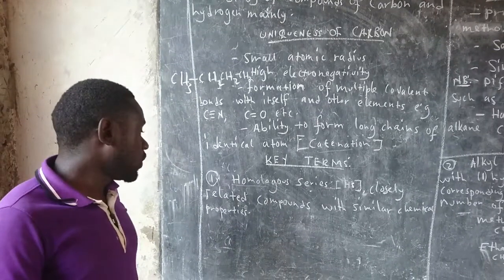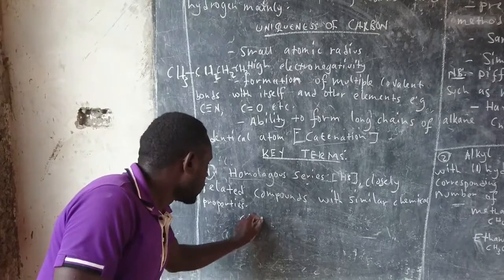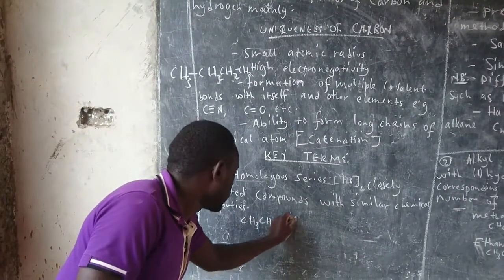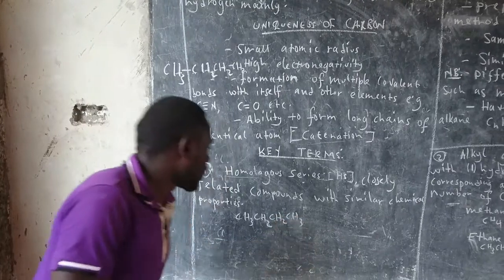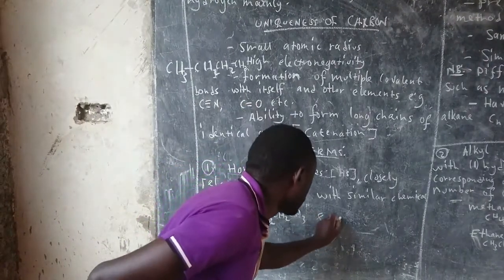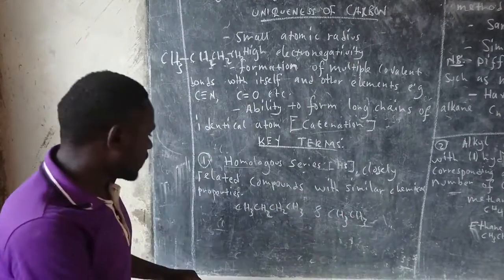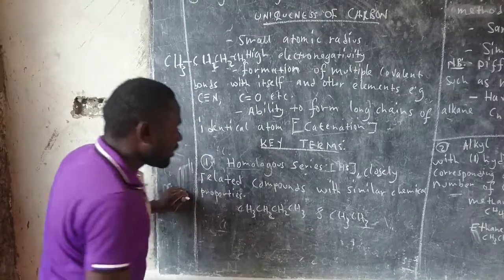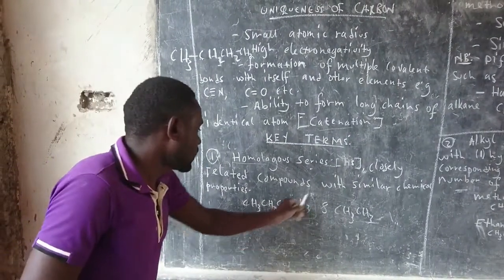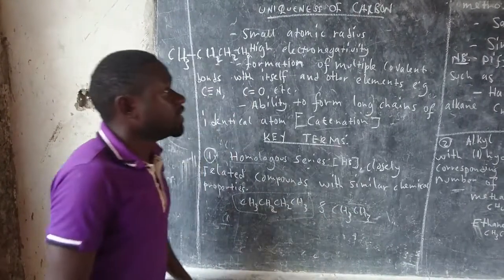When you look at butane, with 4 carbon atoms, it will be the same as ethane, which has 2 carbon atoms. So these ones have similar chemical properties. As you are seeing, we say that these alkanes are always saturated.